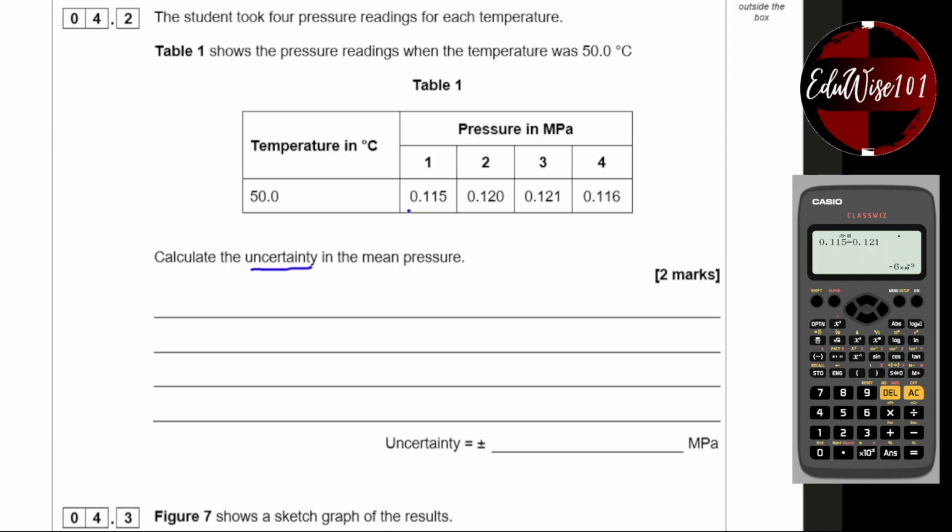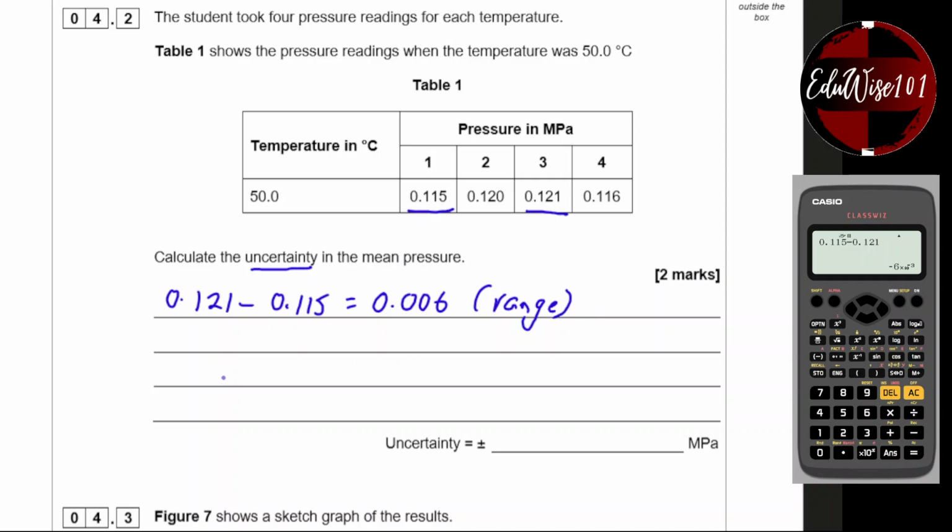You find the lowest value, and you find the highest value, and you work out the difference. So the highest is 0.121 minus 0.115. The difference would be 0.006. Thus the range between the highest and the lowest value.